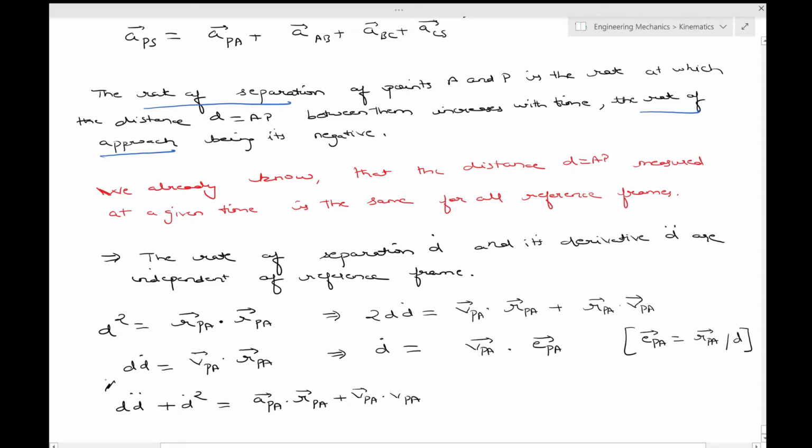So this has been differentiated with respect to time, and with this we have got that d double dot is equal to APA dot EPA plus VPA square minus d dot square divided by d.